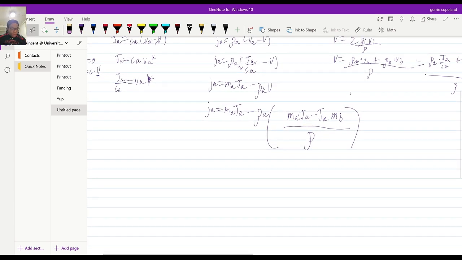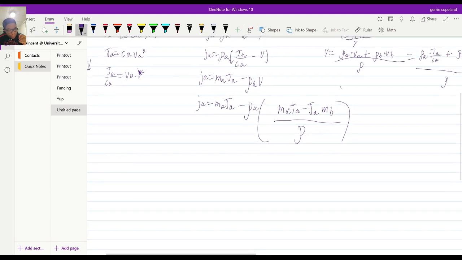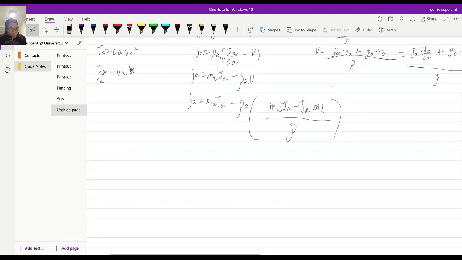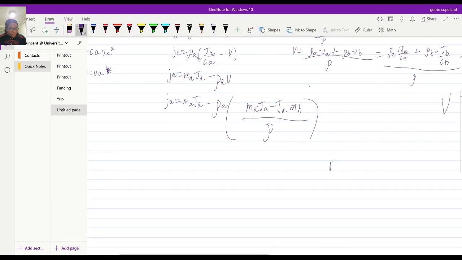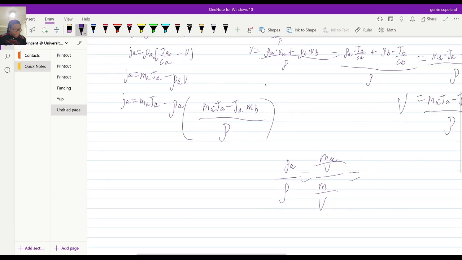Now we're going to simplify this out. We know that the density of A over total density is equal to the mass of A over the volume divided by the total mass over volume.